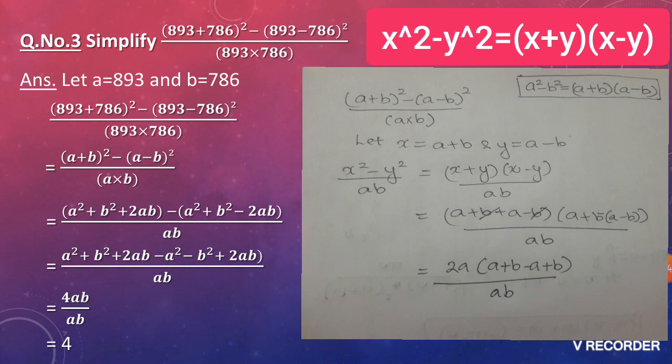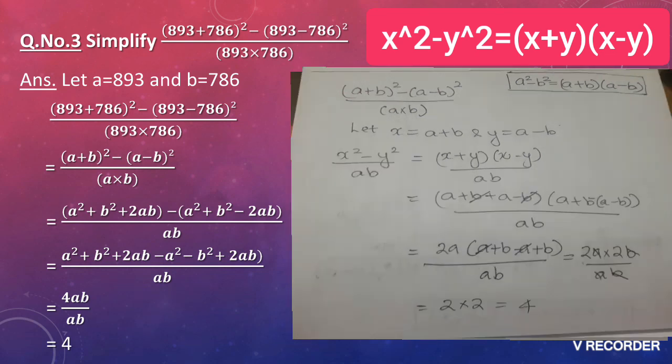It will become 2a into a plus b minus a plus b. So plus a and minus a will be cancelled. So we will get 2a into 2b divided by ab. So we can cancel a divided by a and b divided by b. So 2 into 2, the answer is 4.